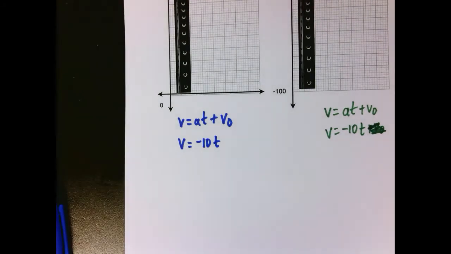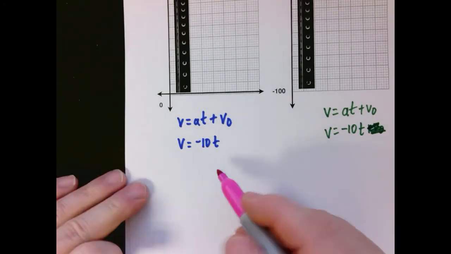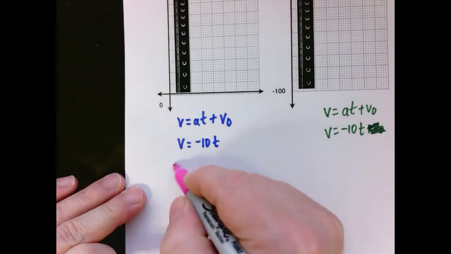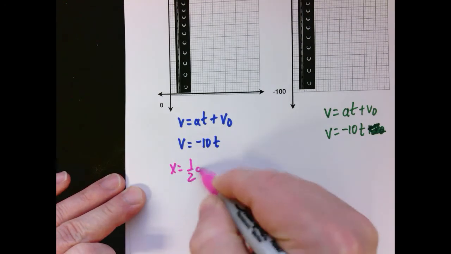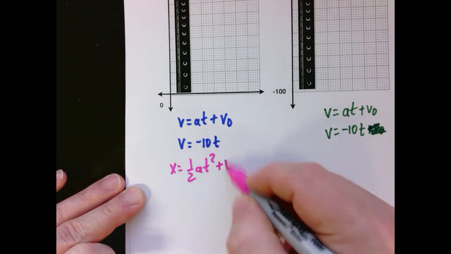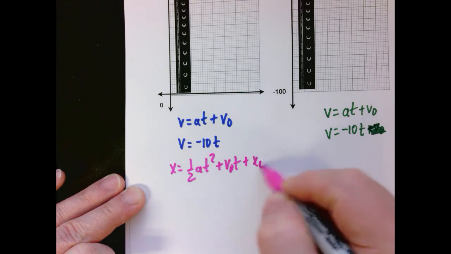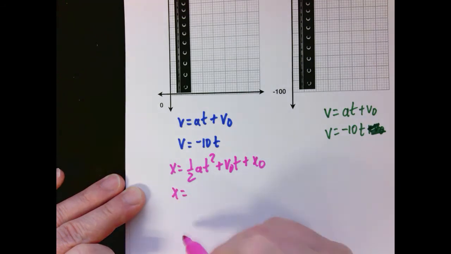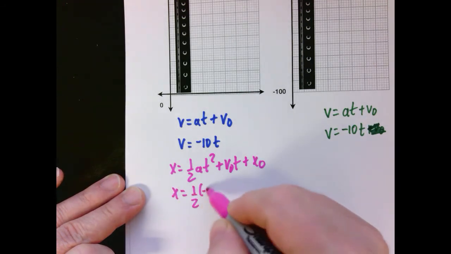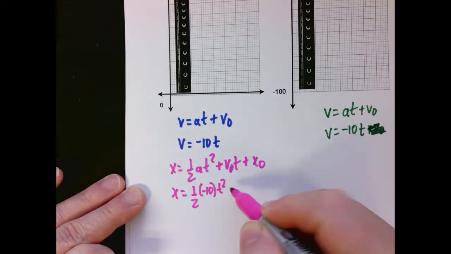Now when we consider the position equations, we have x equals 1/2 at squared plus v0t plus x0. The acceleration gives 1/2 of negative 10 t squared.